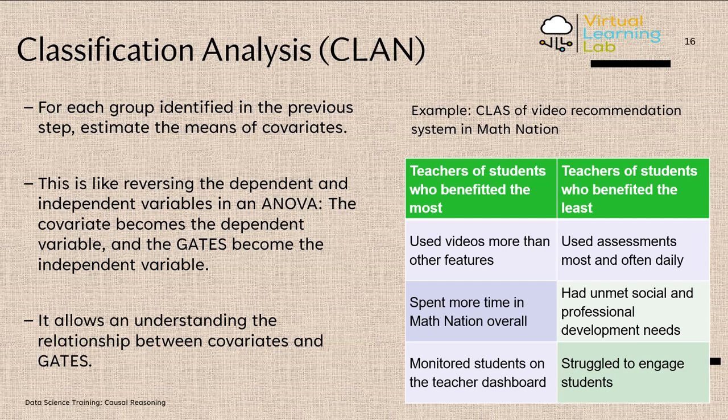You can focus on a single difference, which would be the difference for each covariate between the group that benefits the most and the group that benefits the least, and sort those differences. And that's what we did in the example paper.